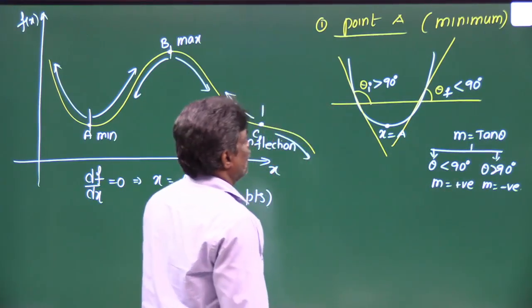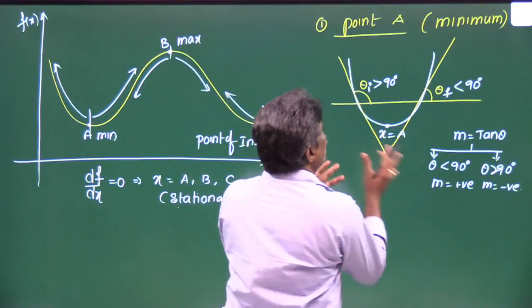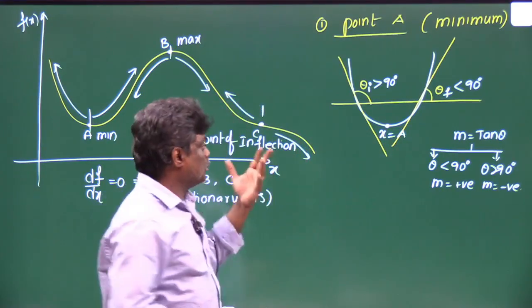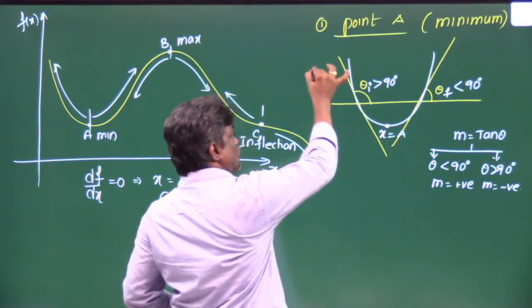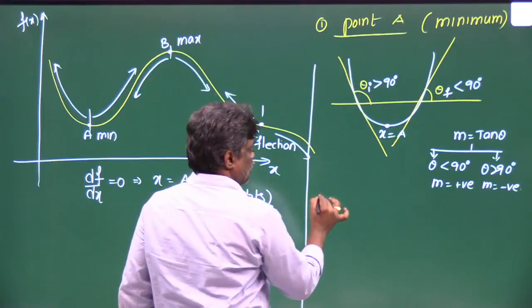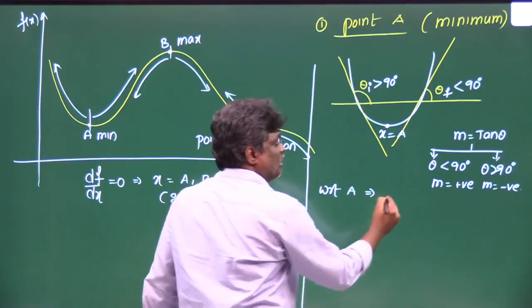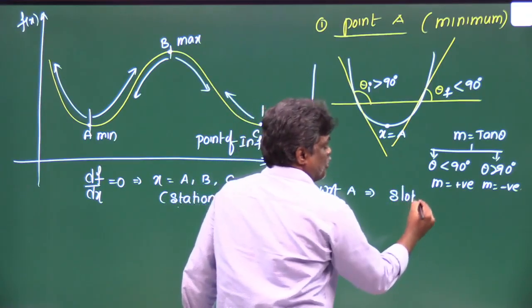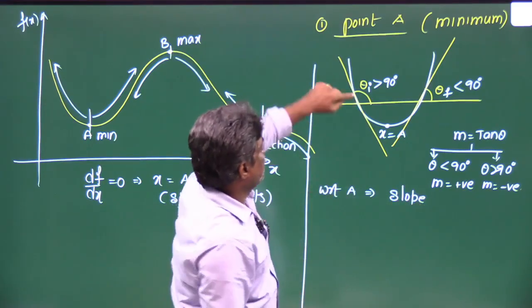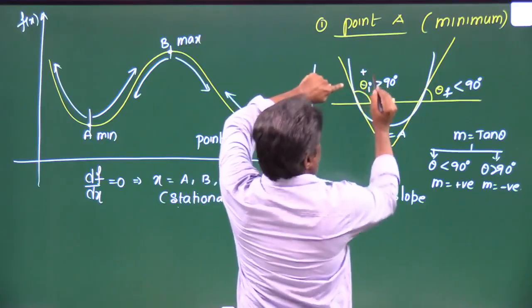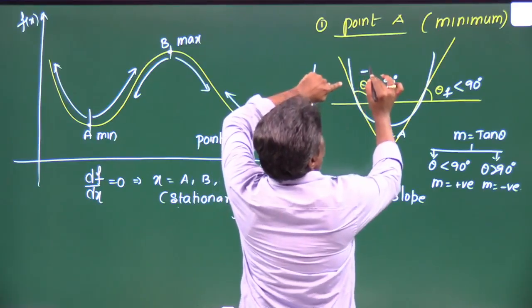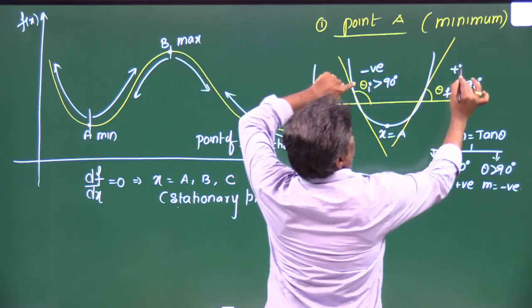That's good. So can you please tell me how the slope is varying with respect to A? With respect to A, the slope value is changing from a negative value to a positive value.